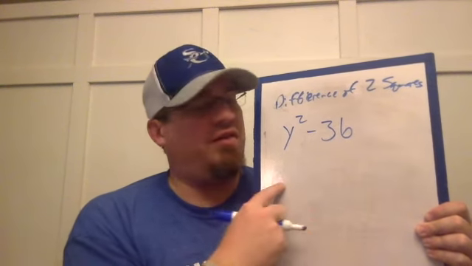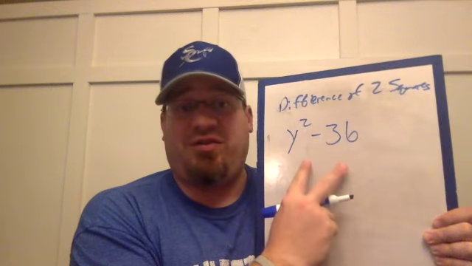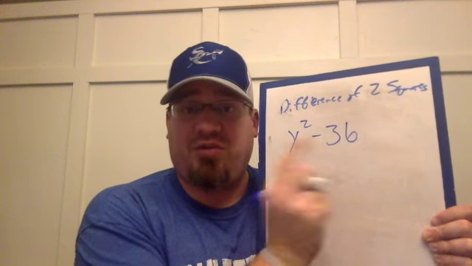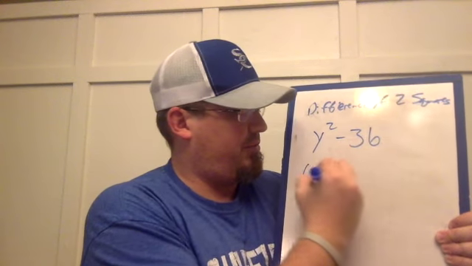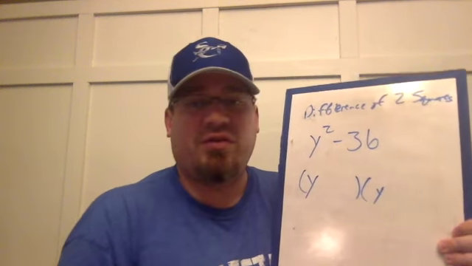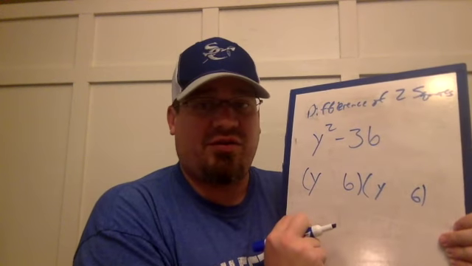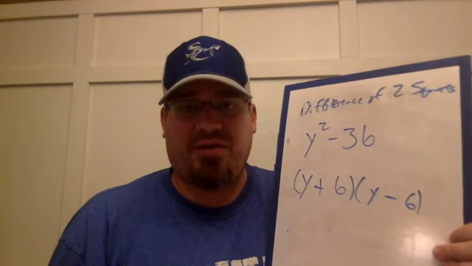So to factor this, instead of going through the whole x box mess, I recognize it's two terms. I have the difference, it's subtraction. These are both perfect squares, so I can write the square root of the first term twice, and then the square root of the second term twice, and then plus in one, minus in the other.